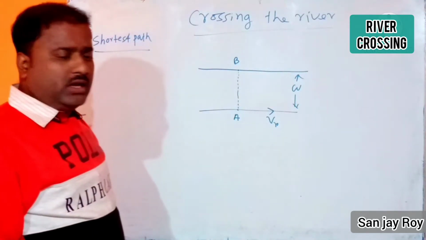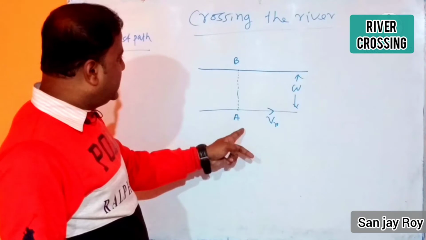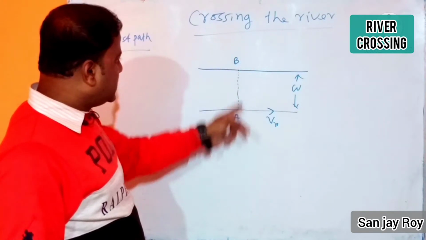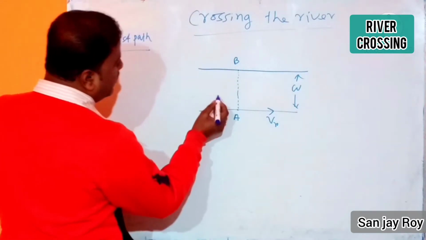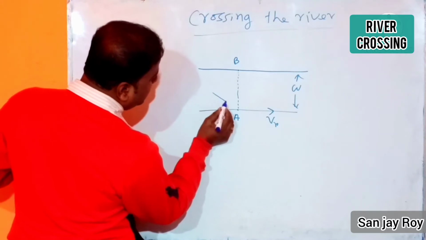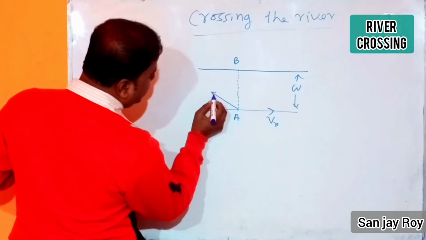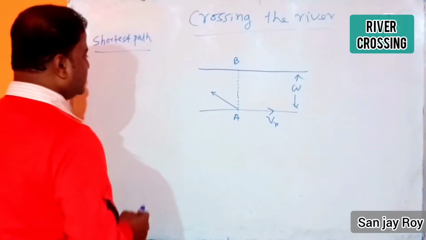Then obviously, to go to the directly opposite point, that is the shortest path, the boat should be headed in this direction.